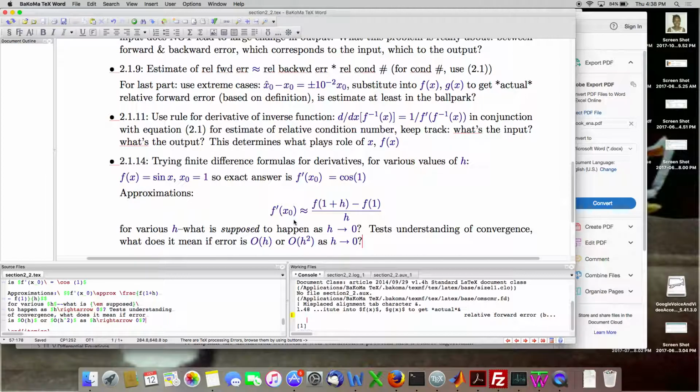What is supposed to happen to the error as h goes to 0? For instance, if the error is order h, then as h decreases by a factor of 10, so does the error roughly. If h squared decreases by a factor of 10, then the error should decrease by a factor of roughly 100. Does that happen? And if it does not, why do you think that is? So that's really what's supposed to happen with that problem.